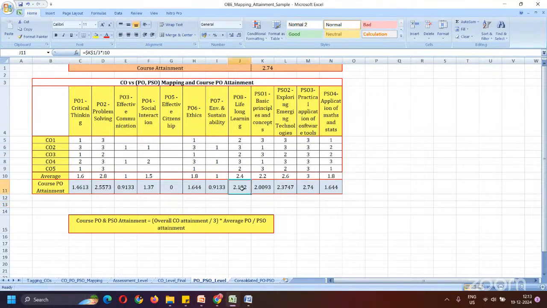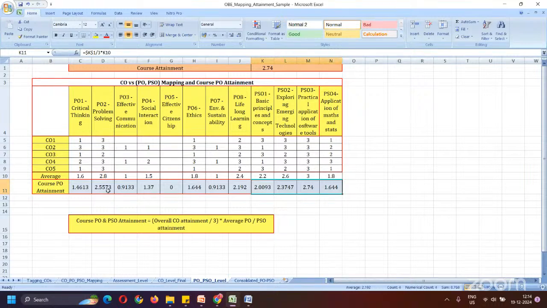If 2.19 is achieved through this course, then the lifelong learning of the particular student is attained using this particular subject at the level of 2.19. Likewise I have defined these. This is more domain specific, so it has more weightage and also more contribution.